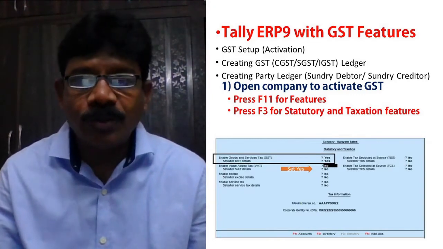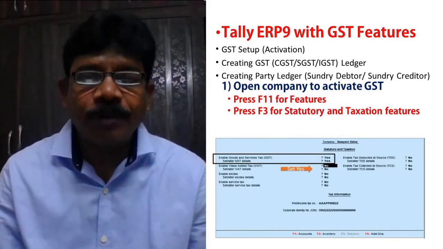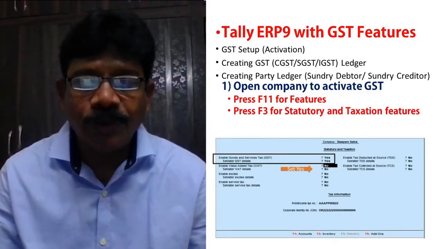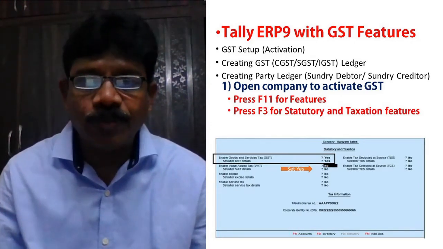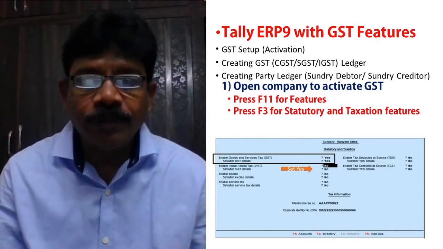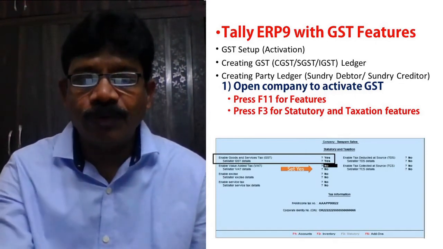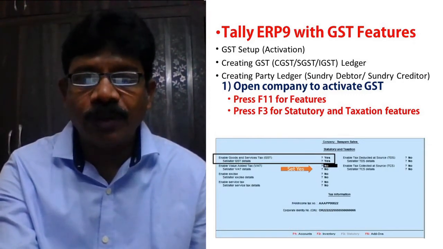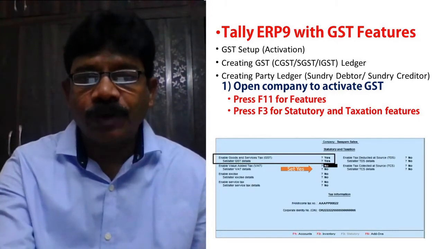So the first one is opening a company to activate GST. After this video, I will show by opening Tally how to enable GST. From this slide also you can understand. Once you create the company, press F11, that is for features.